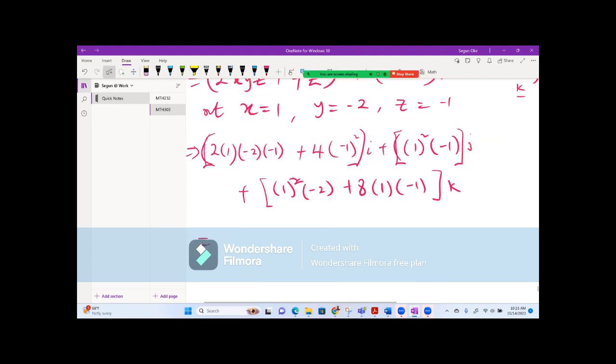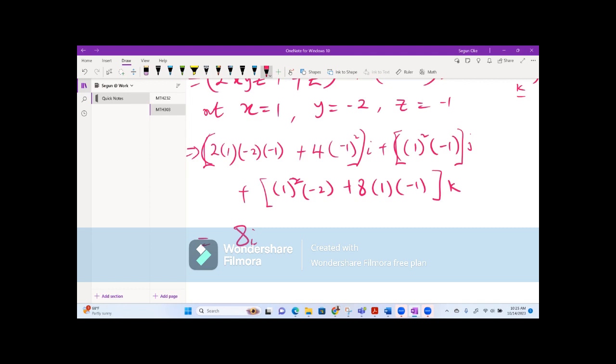So you will get this one. Negative times negative will be positive. 2 times 2 will be 4. And plus 4 here will give you 8i. Do you agree with me? Yes, sir.